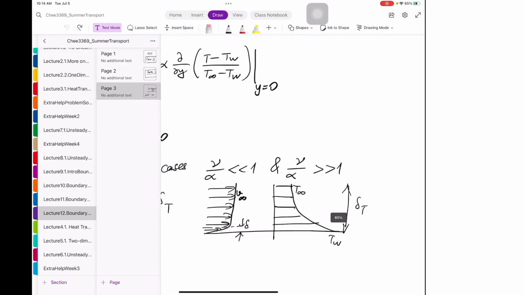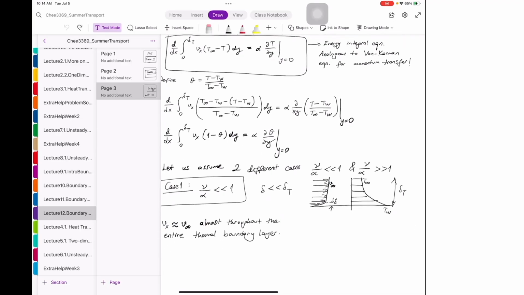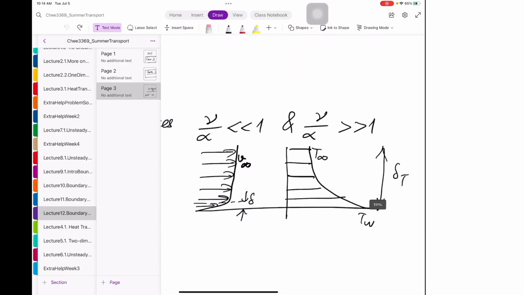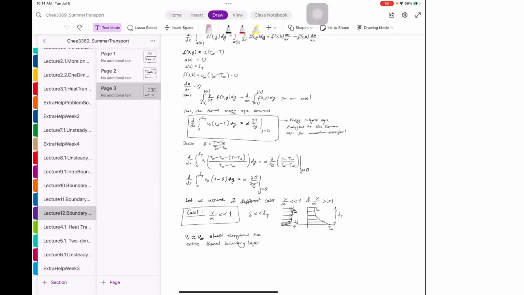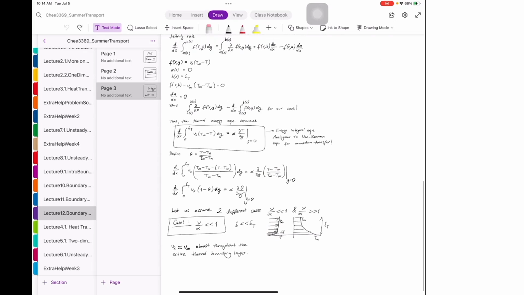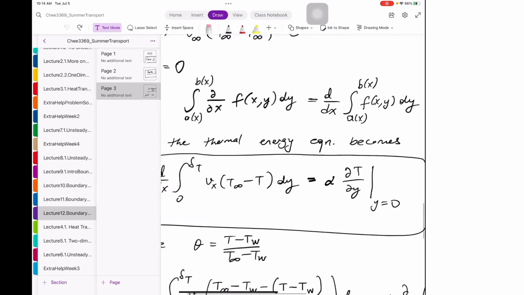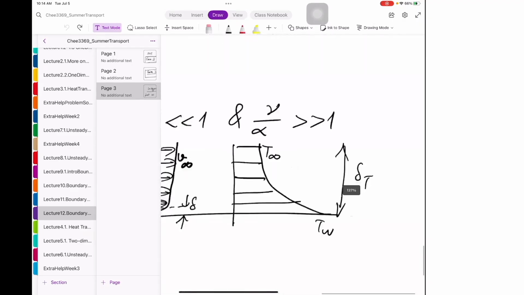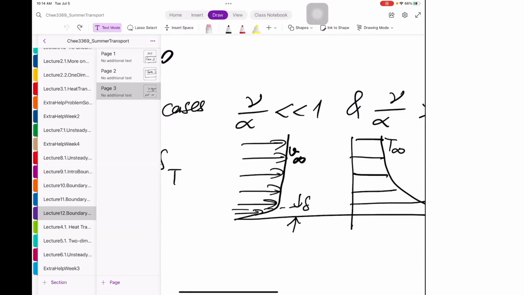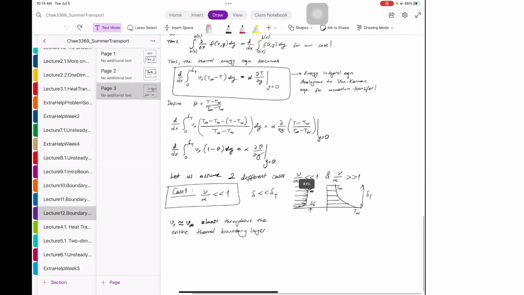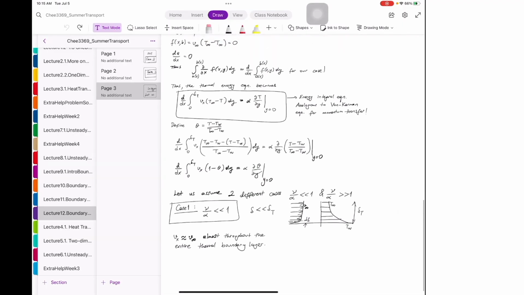We said it corresponds to this situation where the hydrodynamic boundary layer is much smaller than the thermal boundary layer thickness. And we said that at any moment where this equation is valid, when we are talking about this thermal boundary layer, most of the time you get exactly the same velocity value, which is v infinity almost for all the cases. That's the assumption we made.